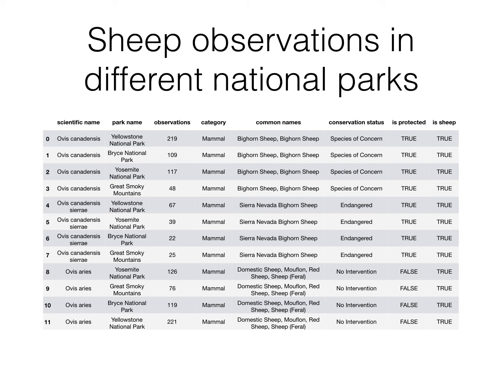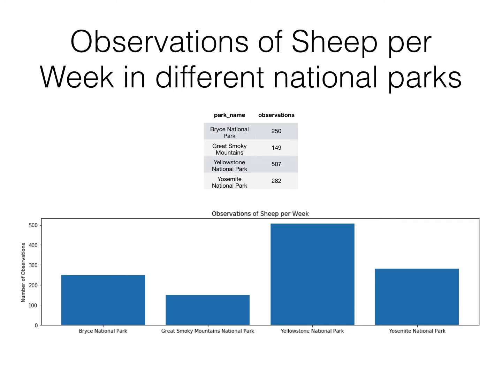After some merging, calculating, and counting in pandas, we can get a table down below. It shows the sheep observations in different national parks. If we group them by the parks, we can have the observation of sheep per week in different national parks, and the bar chart down below shows the result of the counting.